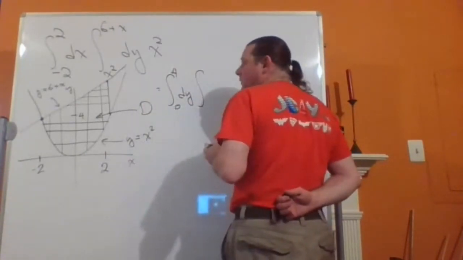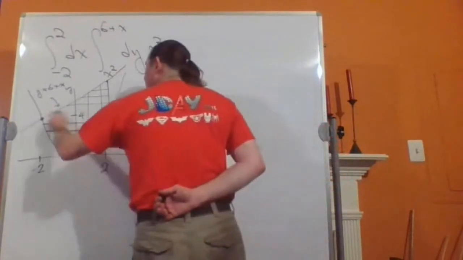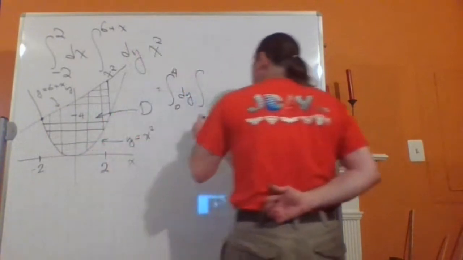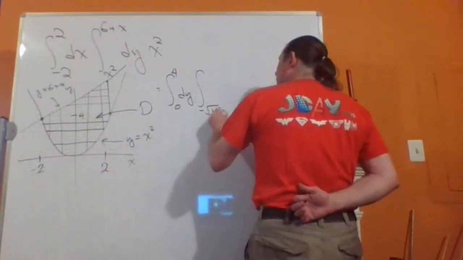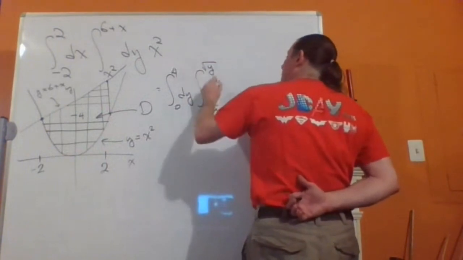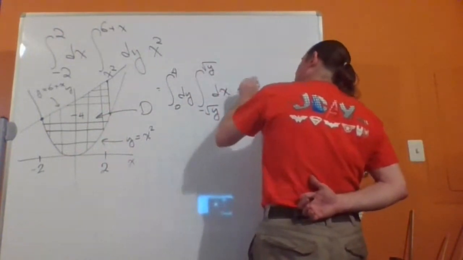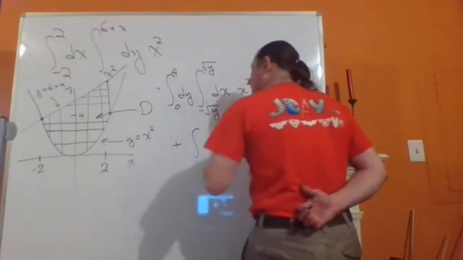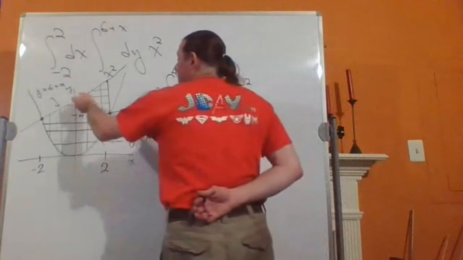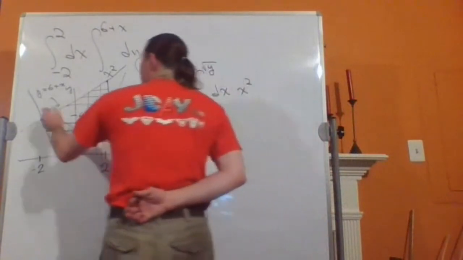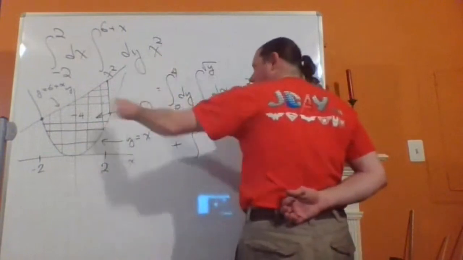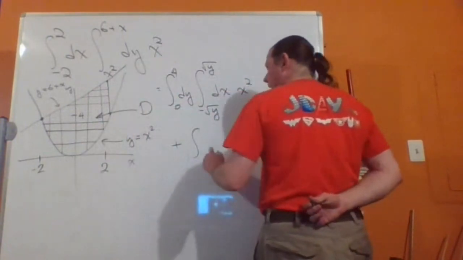At a constant value of y that is less than 4, x goes from the left side of the parabola, which is negative the square root of y, to the right side of the parabola, which is positive the square root of y. On the right-hand, or sorry, when y is above 4, x is going to go from the diagonal line to the vertical line.